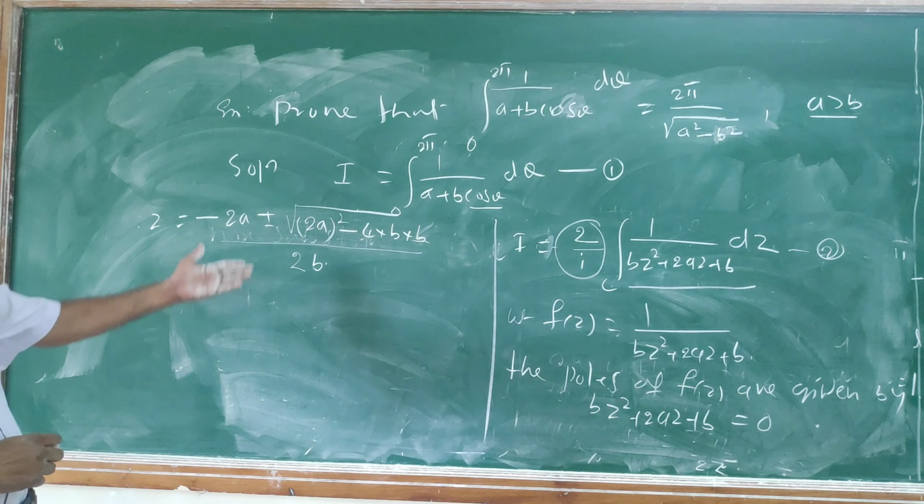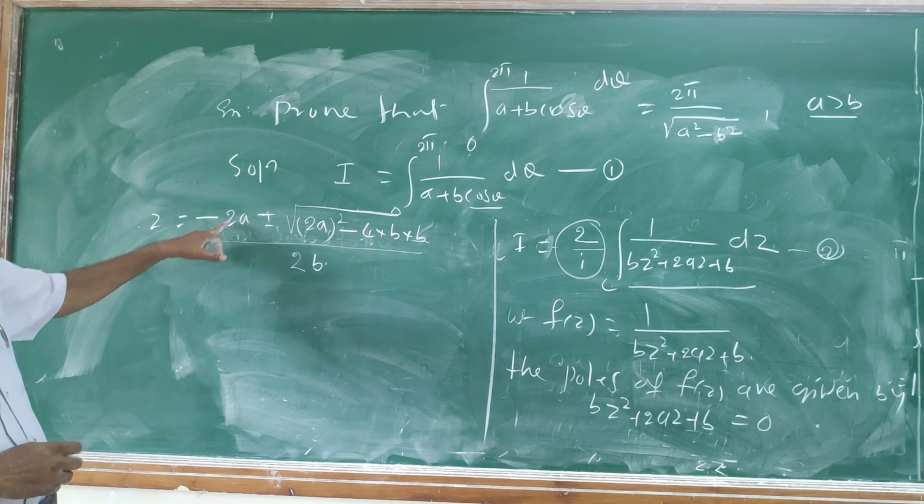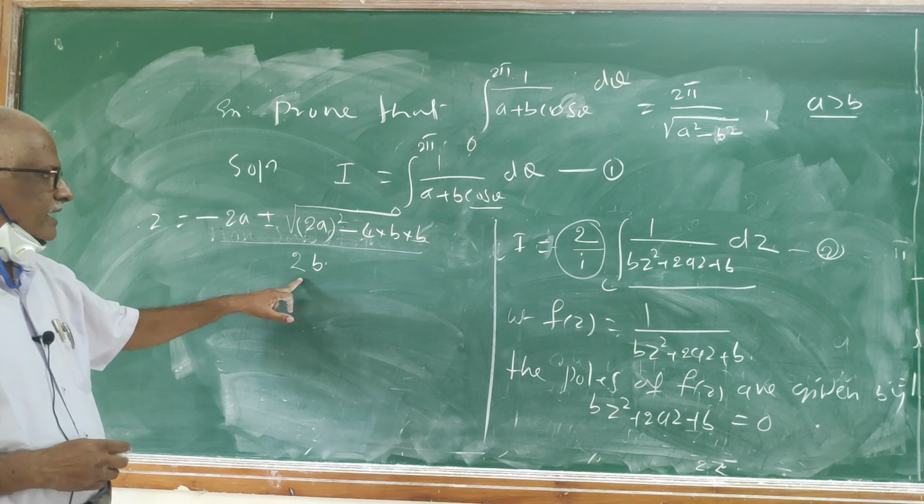This is how we solve the quadratic equations: minus b plus or minus square root of b square minus 4ac divided by 2a.